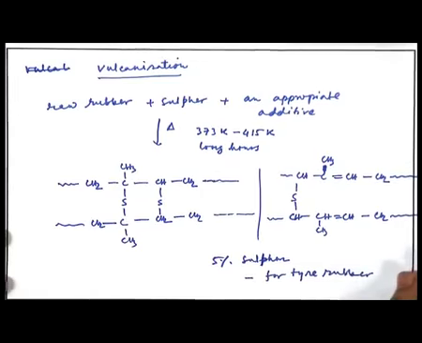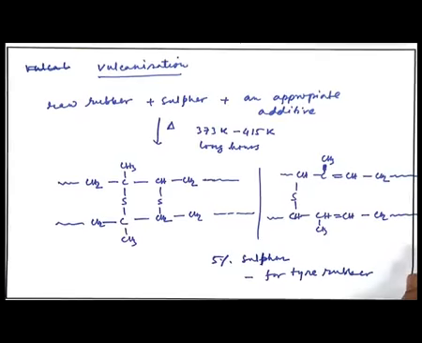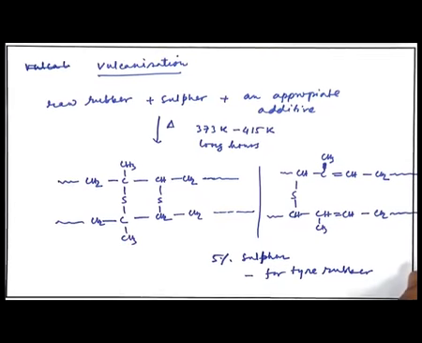So, this is what natural rubber is, and how the property of natural rubber is improved by cross linking with sulfur, a process called vulcanization.